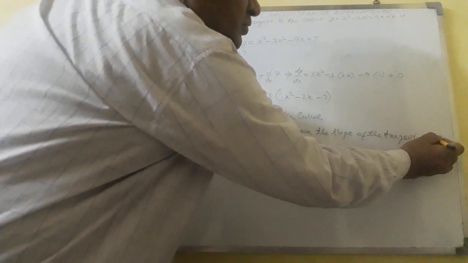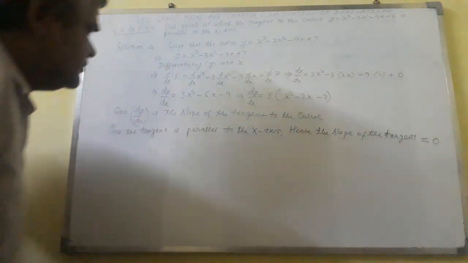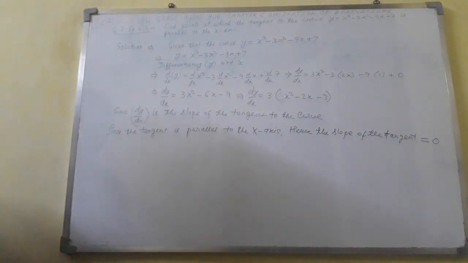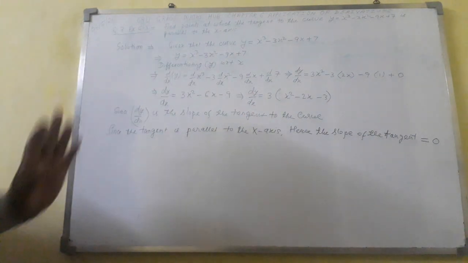Hence the slope of tangent equal to 0. So dy over dx, which is the slope of the tangent to the curve, will be equal to 0.